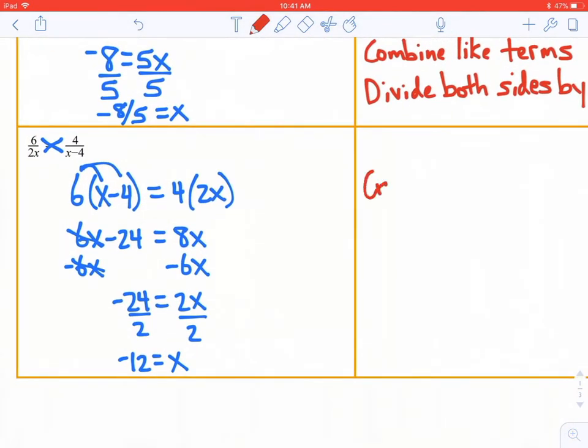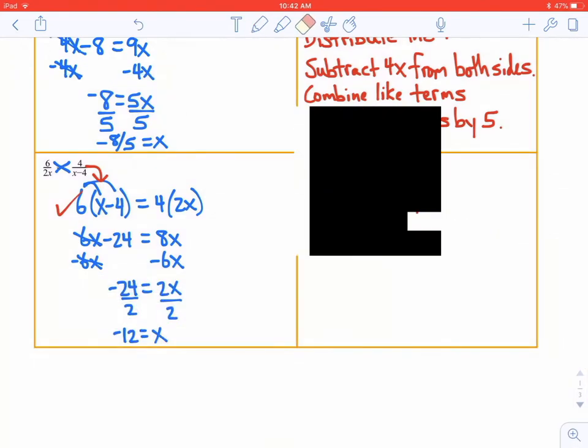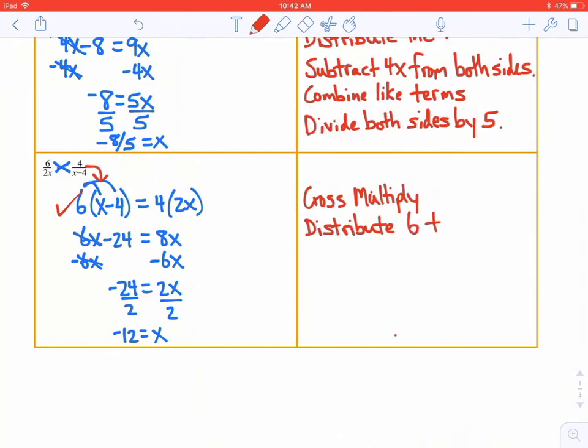The first step was to cross multiply again. That's what I did in this step, or from here to there. And then I distributed the 6. So distribute 6 to x minus 4, and then we subtract 6x from both sides.